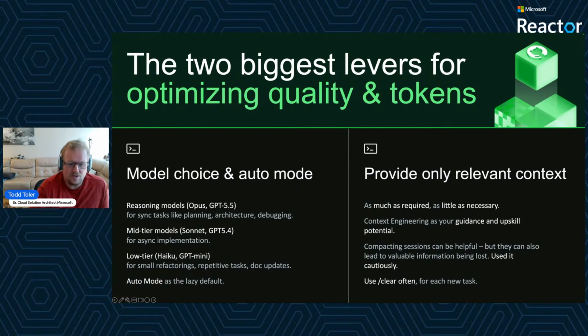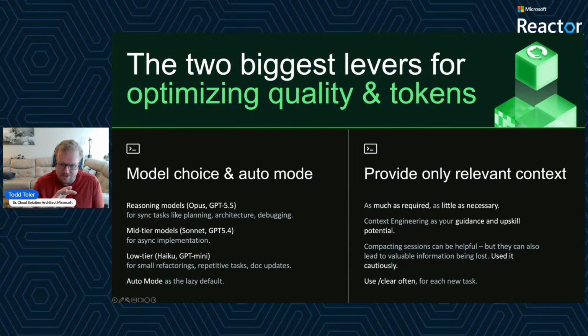And then the solution. In VS Code, as of last week, there is an auto mode. Before, it chose the best model based on availability and response time. Now it's task aware. It's able to assign the right model based on the task you're trying to do.